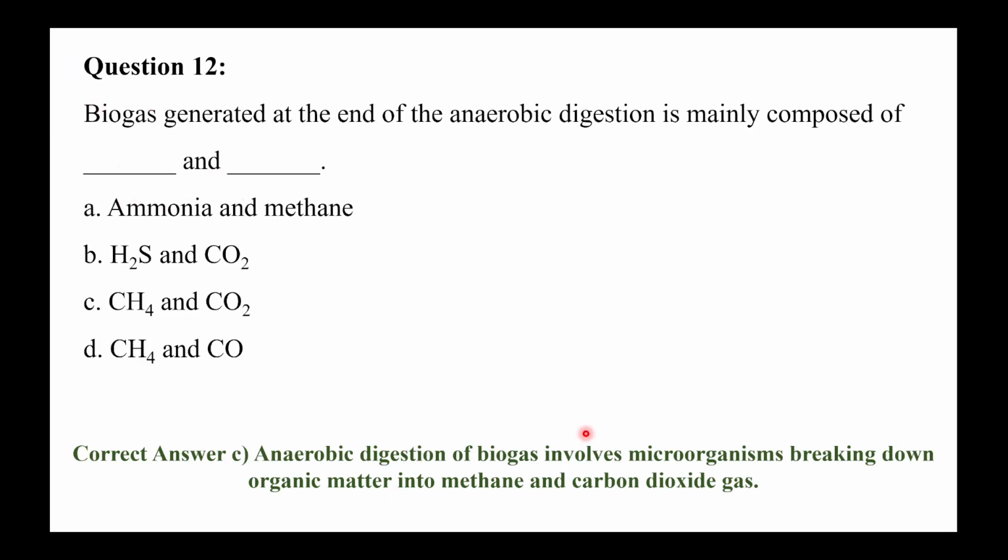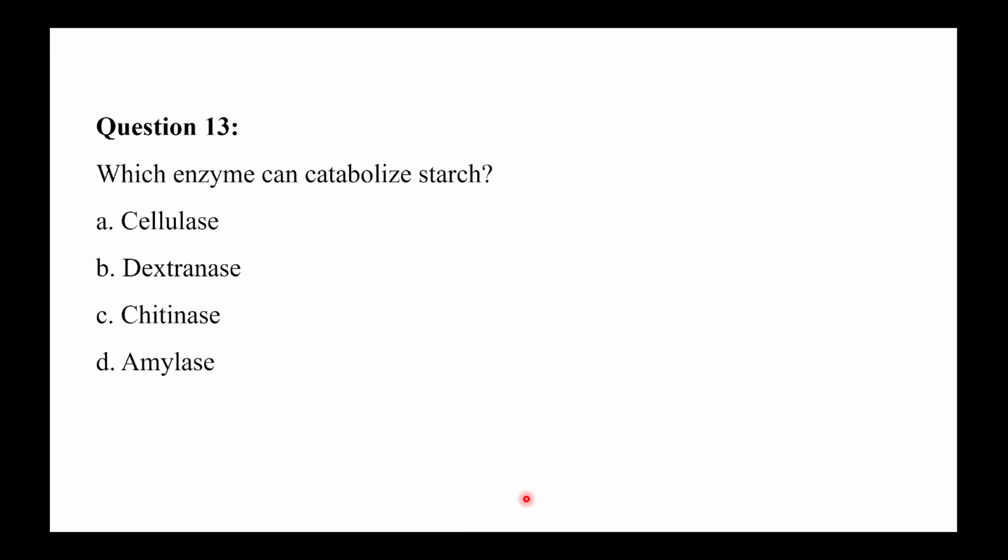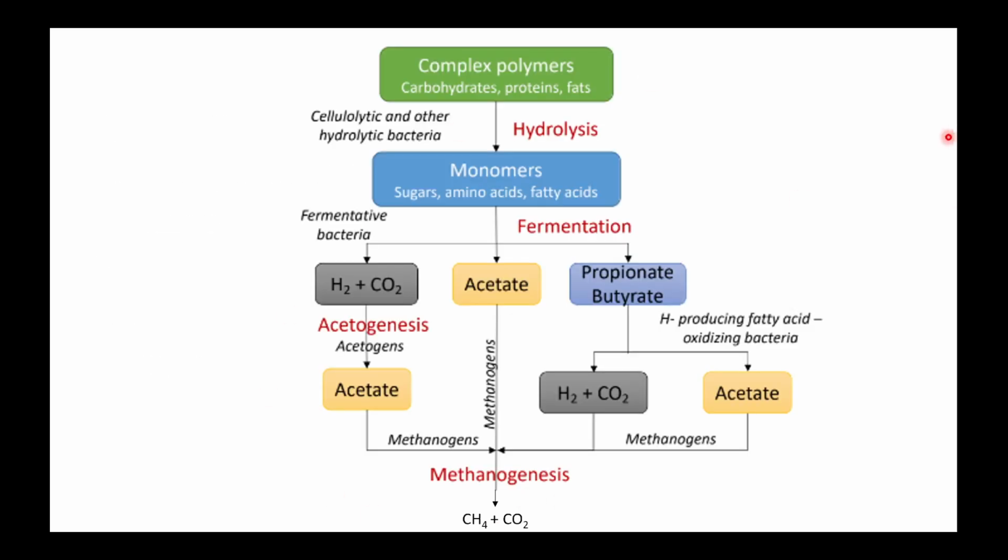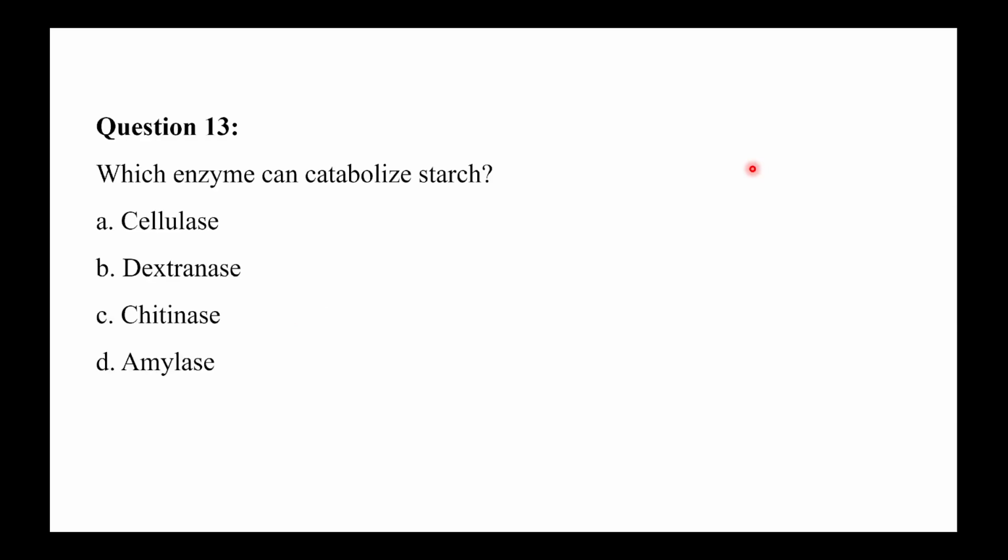If you have seen anywhere, cow dung is used for generating fuel while cooking. Using cow dung as a fuel source is because it has this biogas, methane and carbon dioxide, which can be used as a fuel source. So this we have already explained. Any questions?